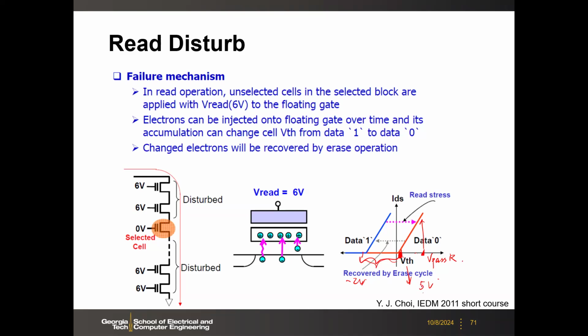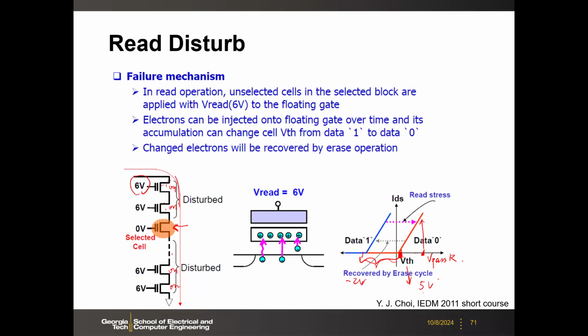So this V pass R needs to be larger than that, because you don't know whether this cell will be 0 or 1, but you want to turn it on regardless of the state, because you are going to read this one. So you want all other pass gate transistors in series to be on. So you have to apply 6 volts on this one.